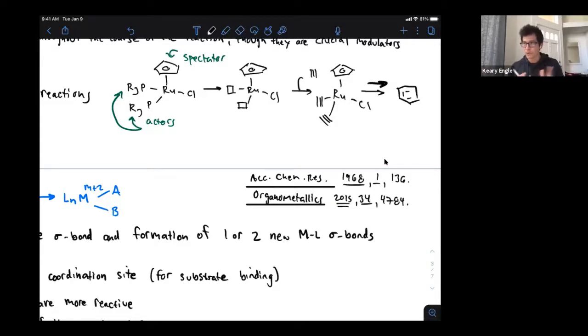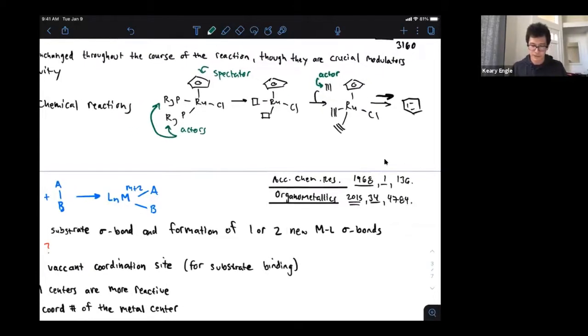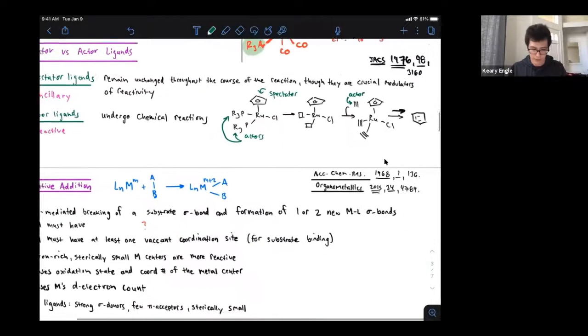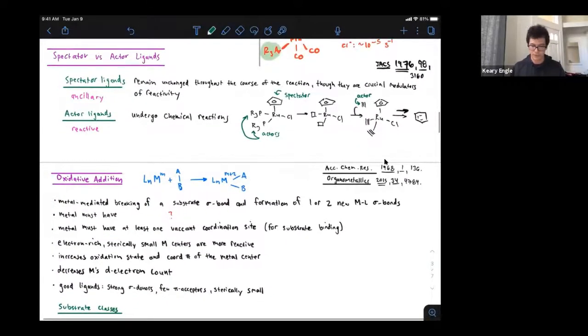It's of course affecting the electronic properties of the metal, but it's not involved in the business end of the transformation. So we would call that a spectator ligand. The phosphines and certainly the alkynes that are involved are actor ligands. And we will come back to this if the mechanistic details are foggy at this point. Then don't fret.